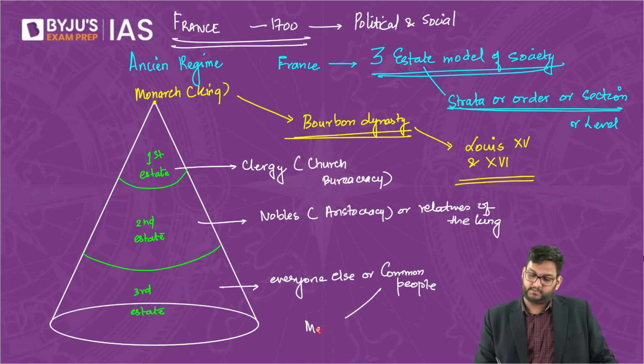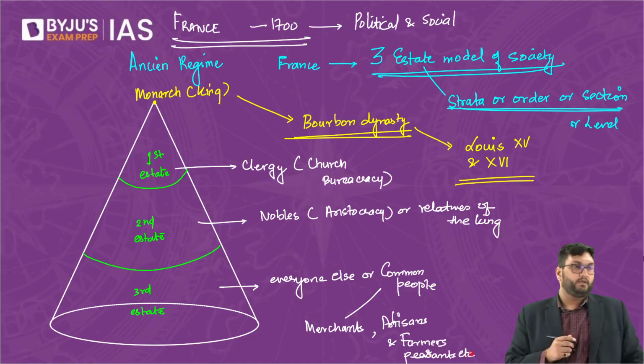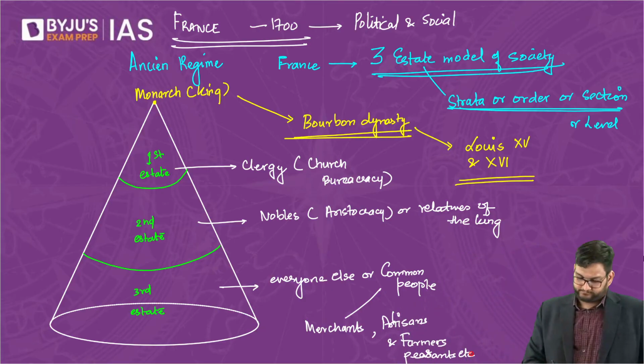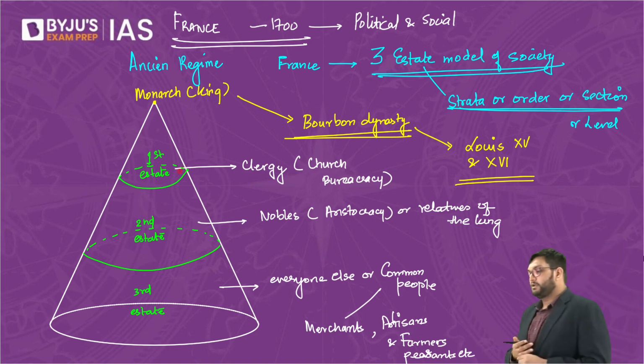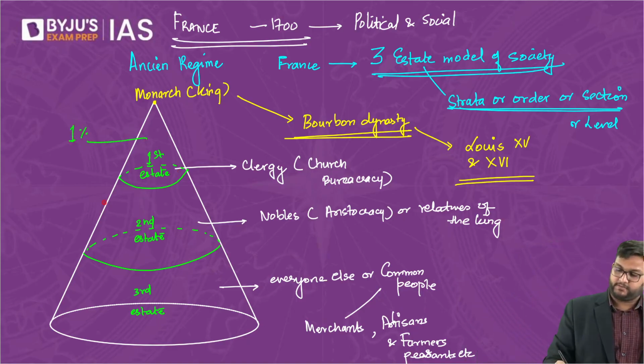So this could include merchants, artisans, and also farmers, peasants, etc. Now the beauty of this system, and why it was so dangerous, was that the first estate represents 1 to 2% of the society, the second as well, and the third estate represents 97 to 98% of the society.